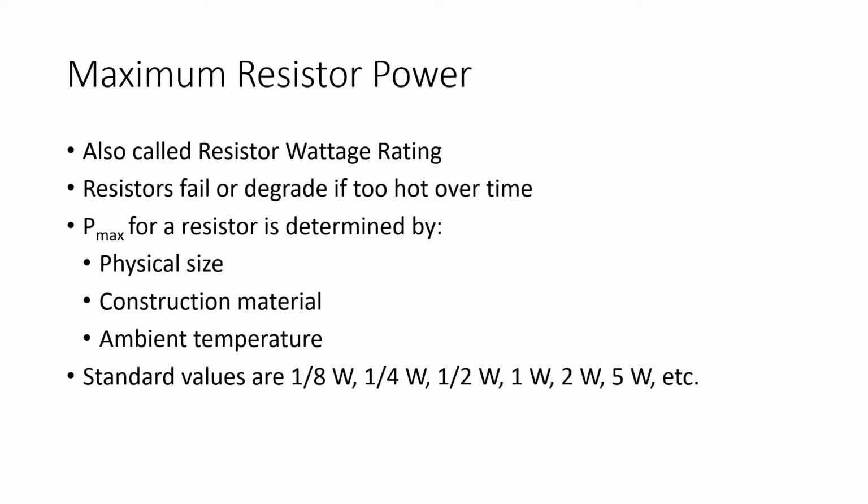Now, the standard values that we have for resistors are 1/8 watt, 1/4 watt, 1/2 watt, 1 watt, 2 watt, 5 watts, and then there's no particular numbers after these. It kind of depends upon the design that we can buy specialized resistors with higher power ratings.